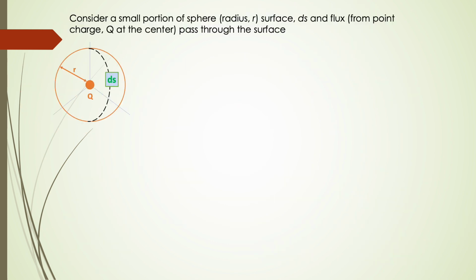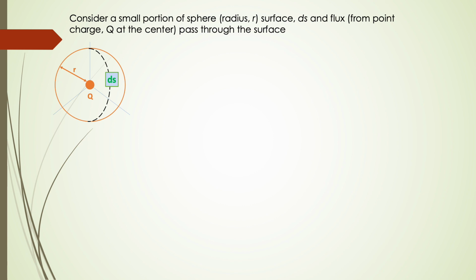Now let's look at the bottom part of your slides. Consider a small portion of a sphere with radius r, where the surface is given as dS, and there is flux coming out from the source. Where is the source?